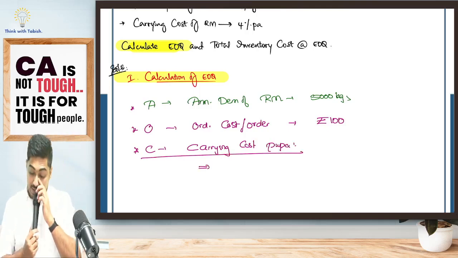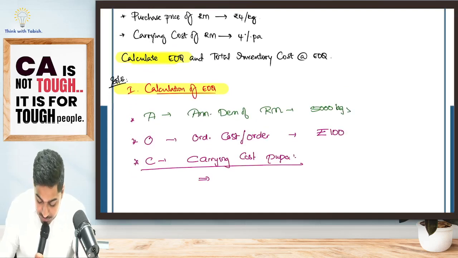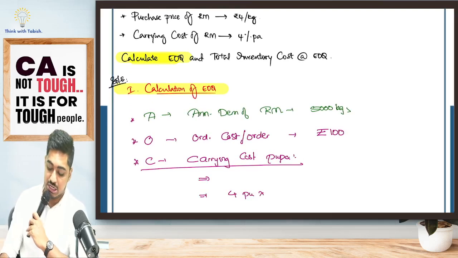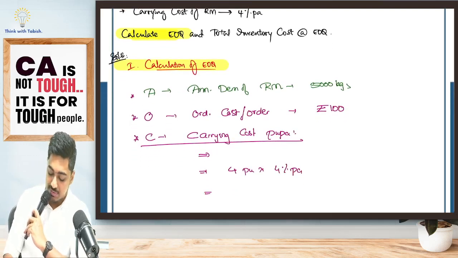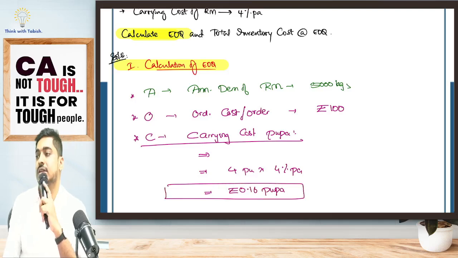How do I calculate it? At what price am I purchasing every raw material? 4 rupees per kg, to hold for 1 year. How much am I incurring? 4% per annum. That means it is going to be 0.16 per unit per annum. Yes or no, everyone? Perfect.